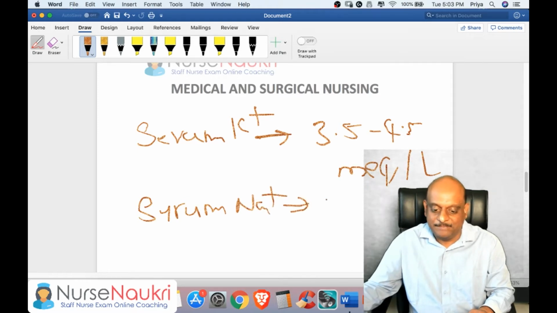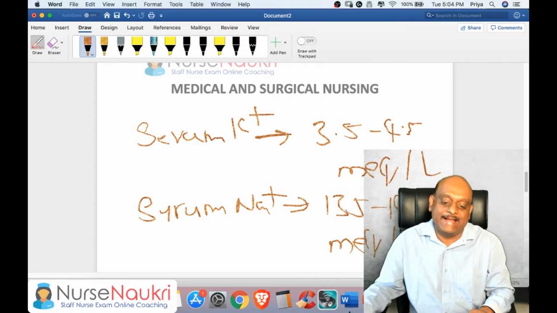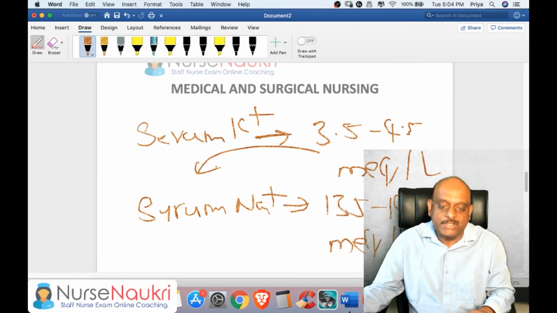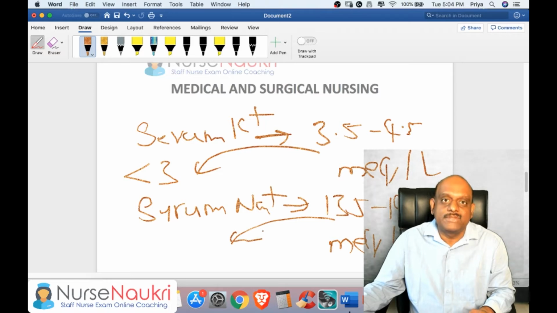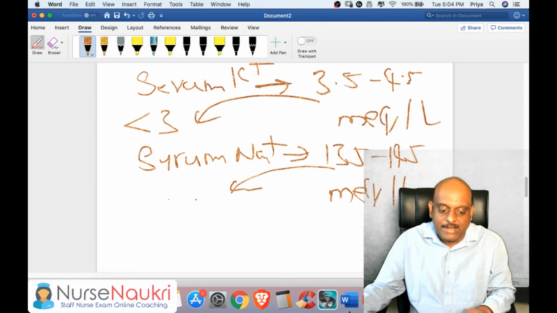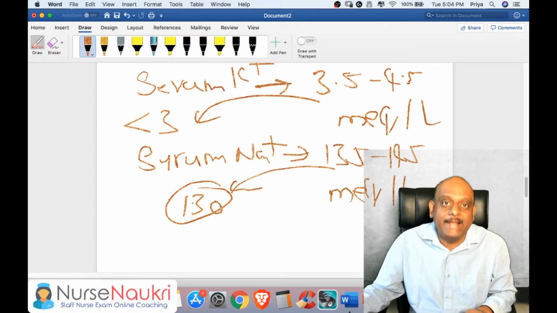Commonly asked in exam. 135 to 145 milliequivalents per liter. Any serum potassium level less than 3, you call hypokalemia. Any serum sodium level less than 130, you call hyponatremia.